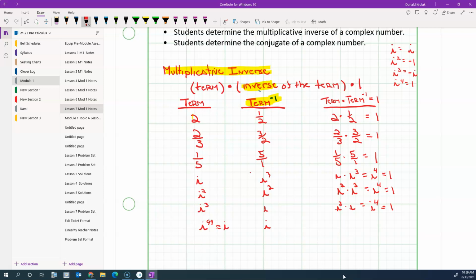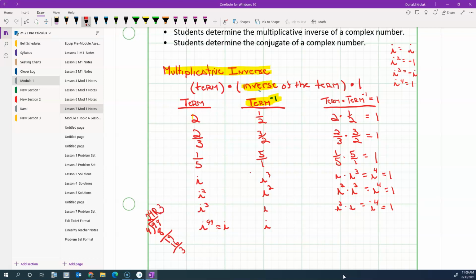What's the remainder? 99 divided by 4. Yep, so that's remainder 3.